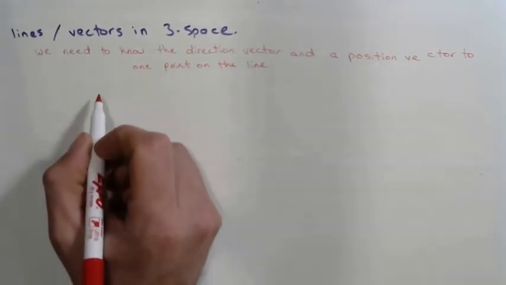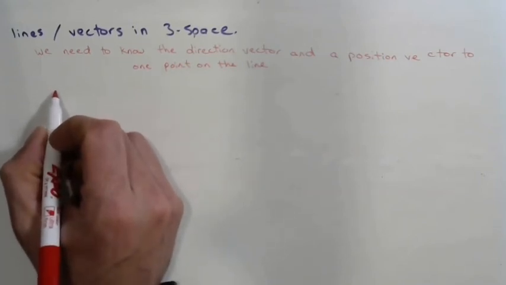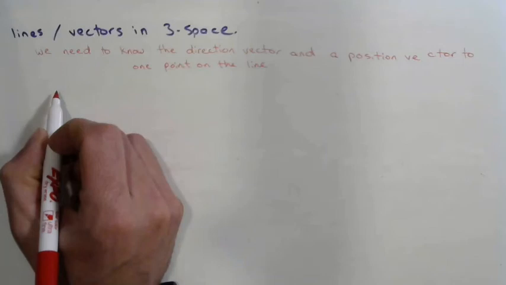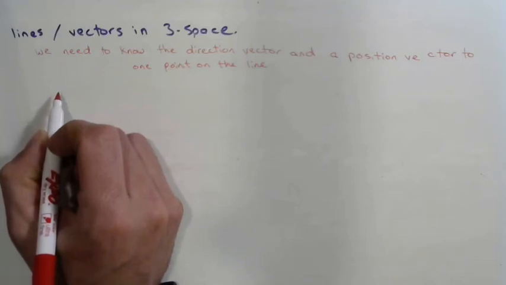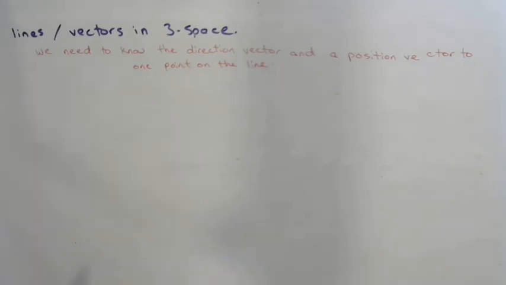All right, so if we have a line passing through point P naught, and it has position vector R naught, which is given by x naught, y naught, z naught, and has direction vector M, then we can find out the equation. Okay, so I'm going to write that down.